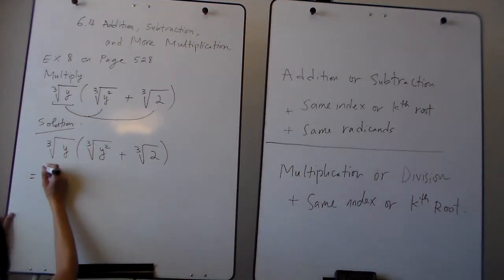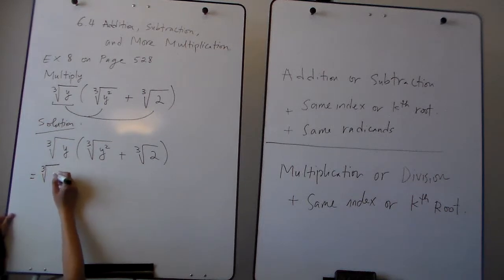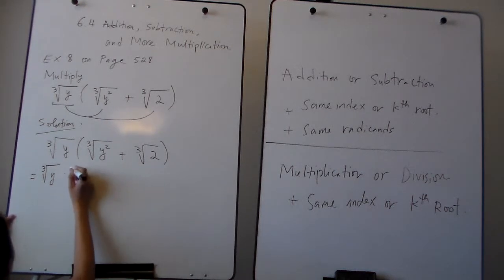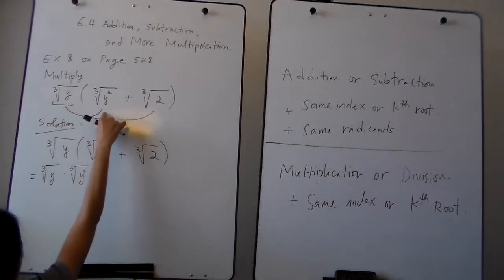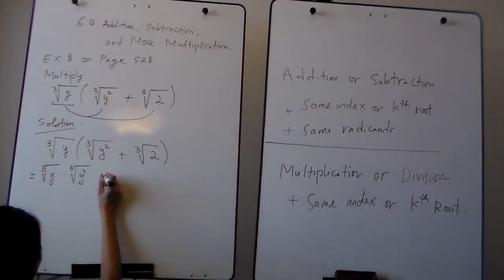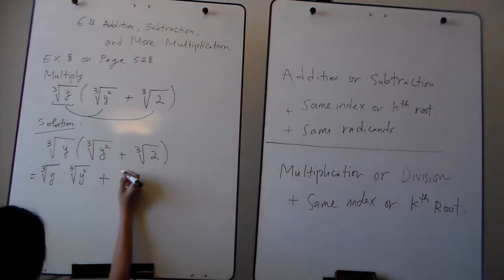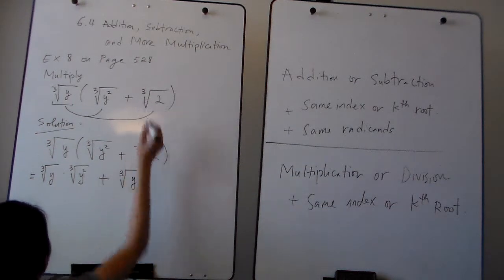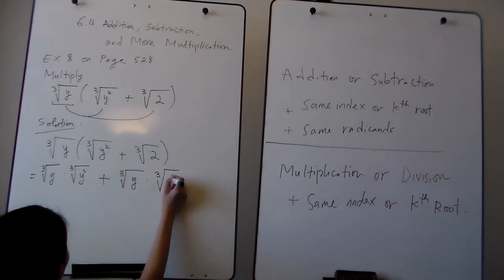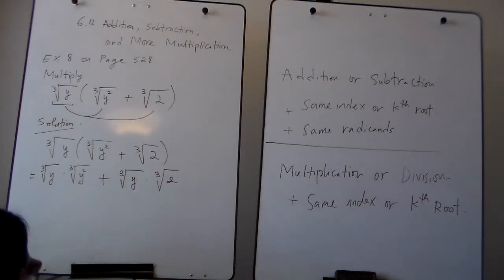This times this, we have the cube root of y times the cube root of y squared, and then plus this times this, which is the cube root of y times the cube root of 2.